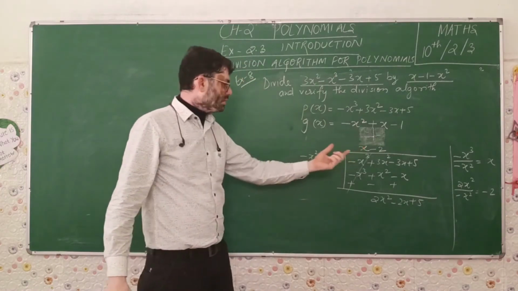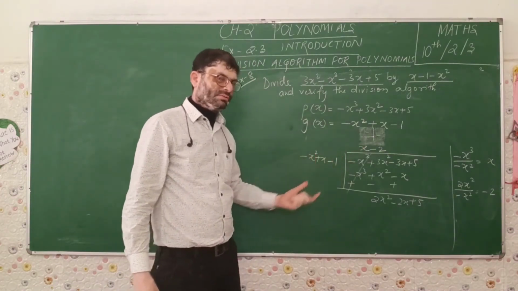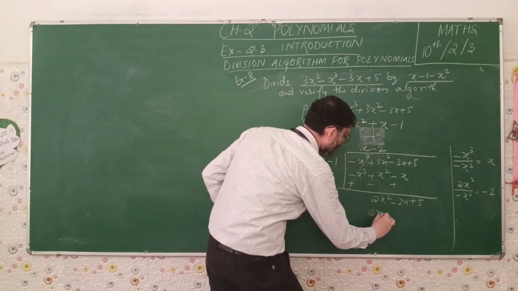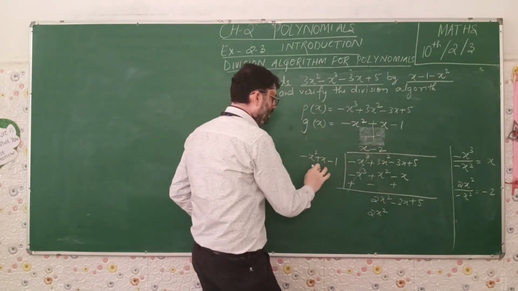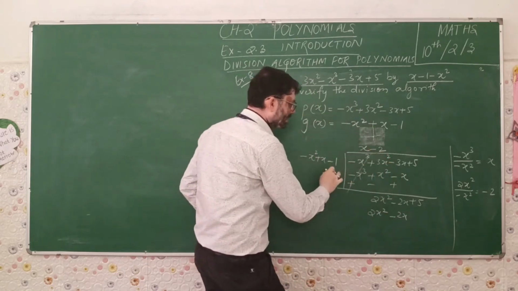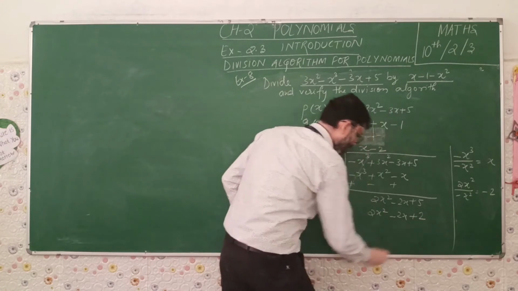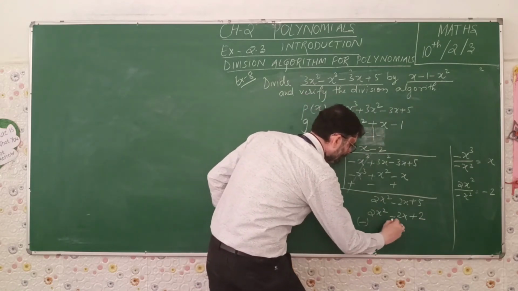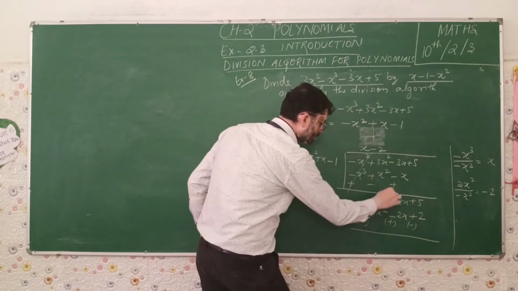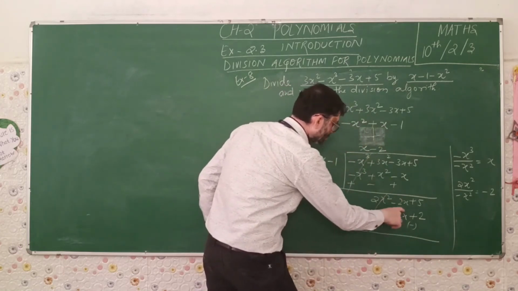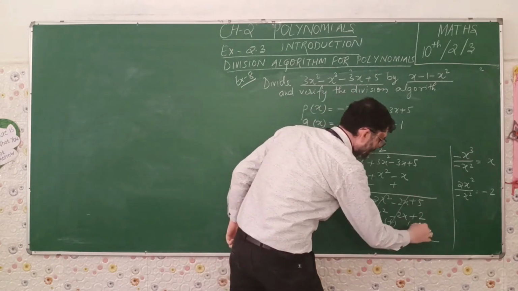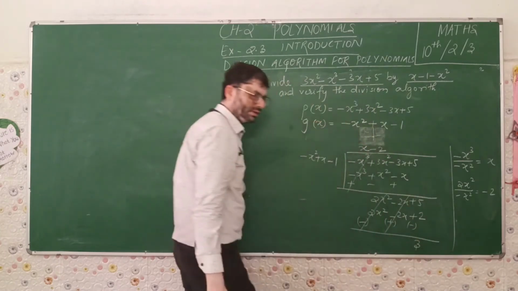This minus 2 should be multiplied to each term of the divisor. So minus 2 into minus x squared is 2x squared, and minus 2 into plus x is minus 2x, and minus 2 into minus 1 is plus 2. Subtracting, we will have to change the signs, and plus 2x squared minus 2x squared cancels, minus 2x plus 2x also cancels, and the remainder is 5 minus 2 is 3.